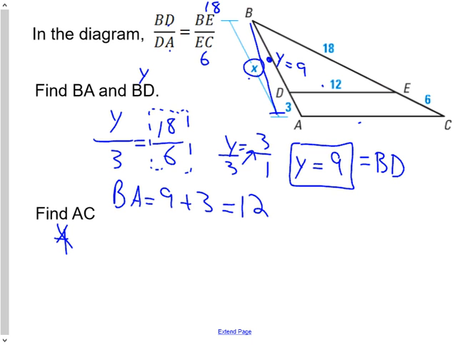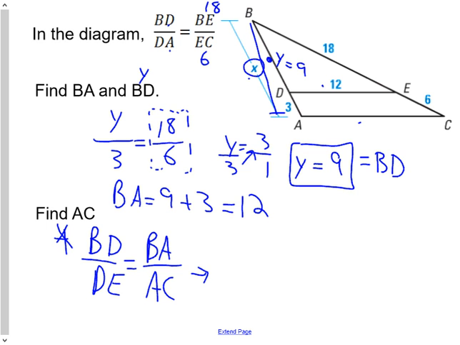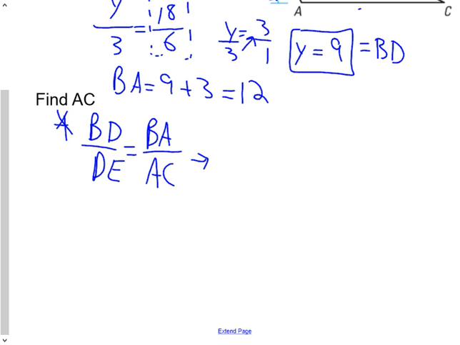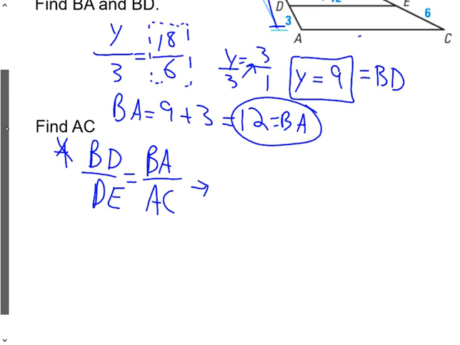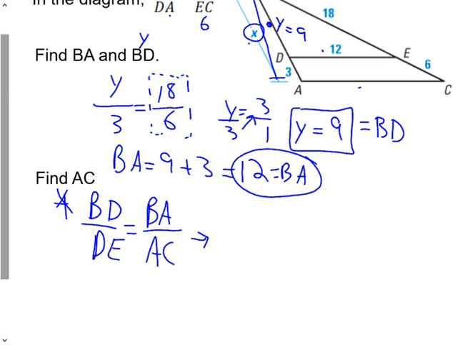This proportion they probably should have given to us because we don't have the rule yet: BD over DE equals BA over AC. This is because of similar triangles, so just filling in what we have. Now we've got BD, so 9 over DE, which is 12, equals BA, which is also 12, over, we don't know, AC. Okay?